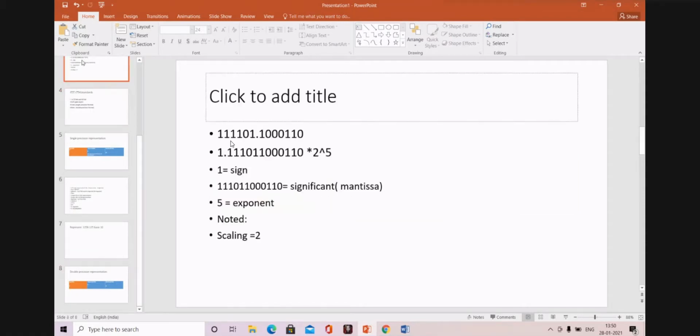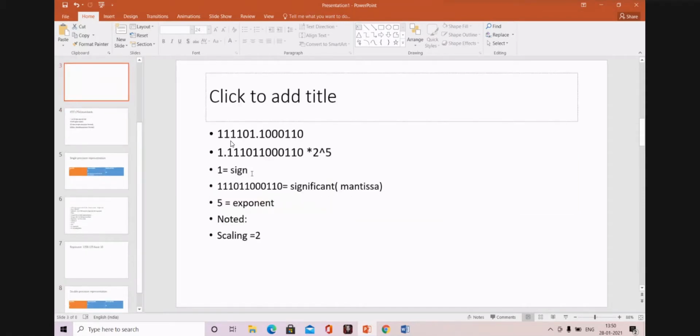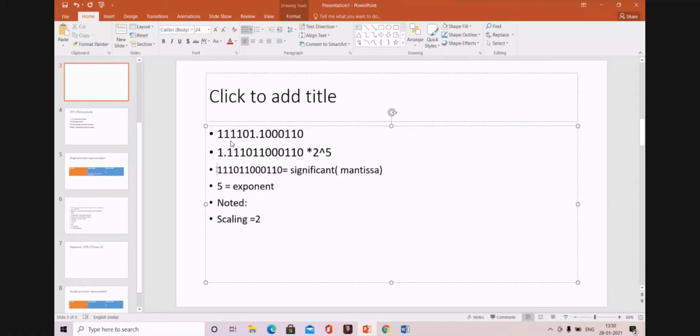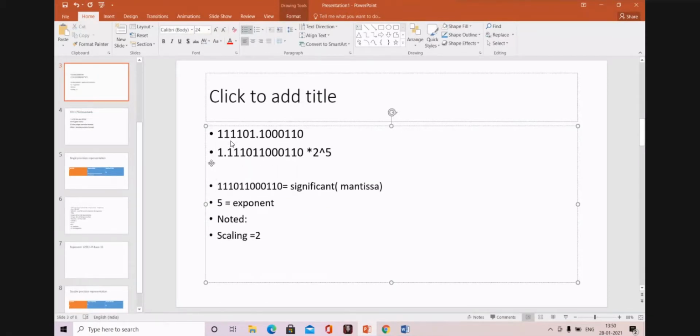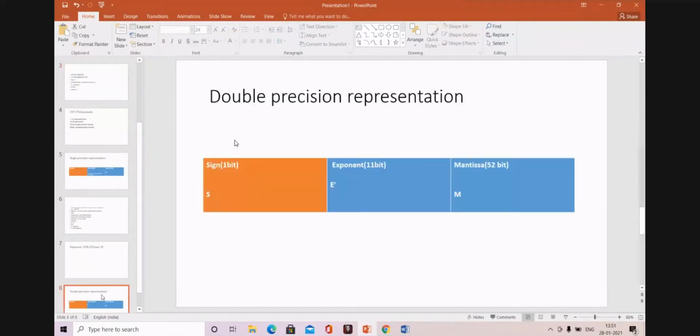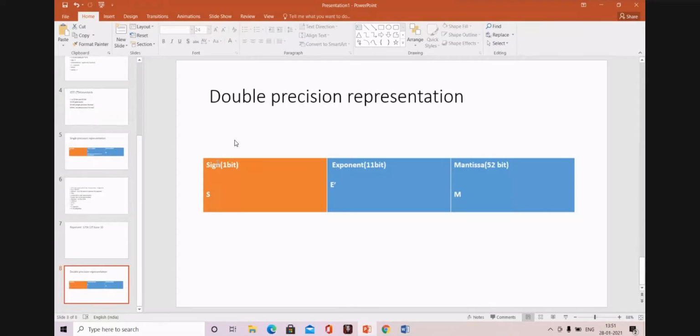This one is actually not your sign. One is not your sign. The sign is actually, you see here, these are all positive numbers, so it will be 0. That's all. All right, so now coming back to your double precision format.